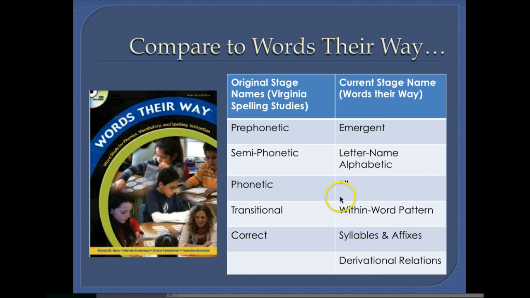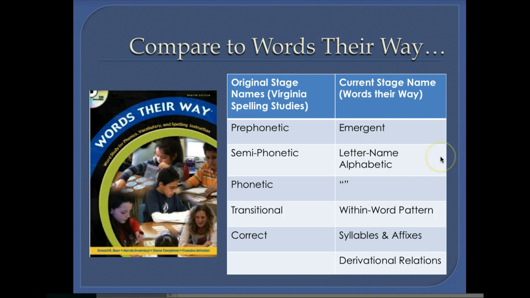Transitional, within word pattern, correct, and then we have syllables, affixes, and derivational relations. We're going to focus on this area, and you'll notice that within these stages, you can have early emergent or middle emergent or late emergent, and these also apply to these areas as well.